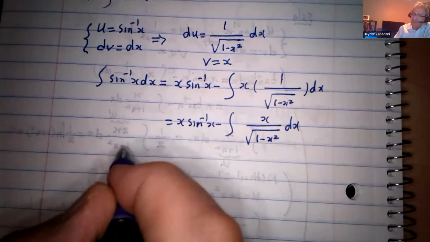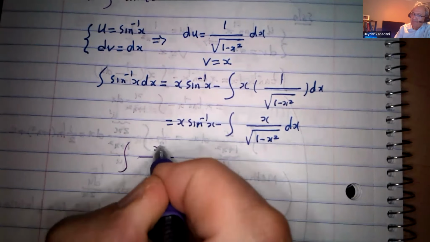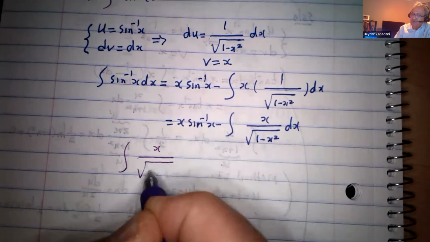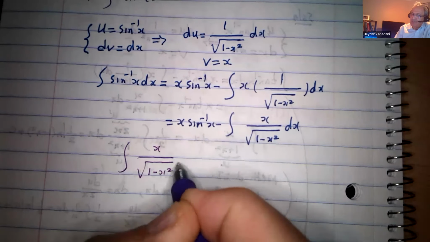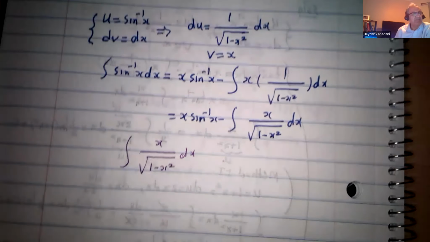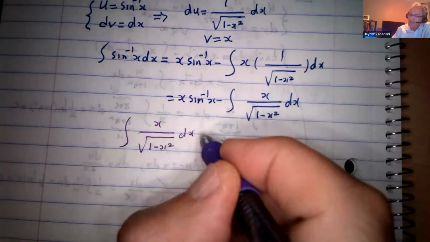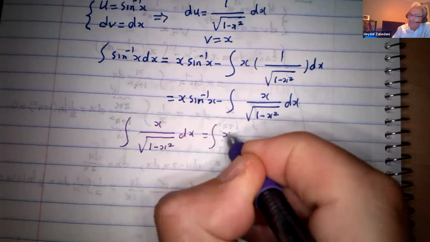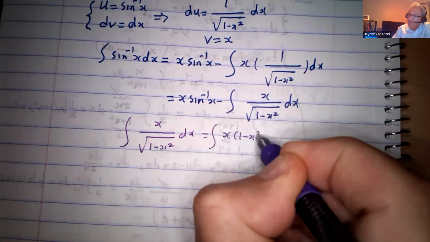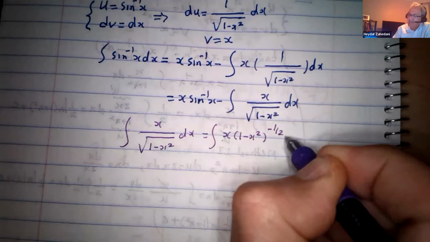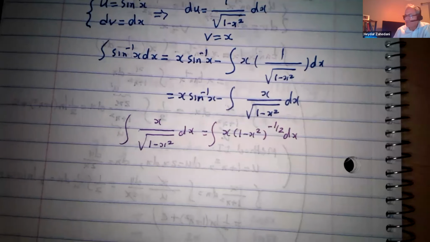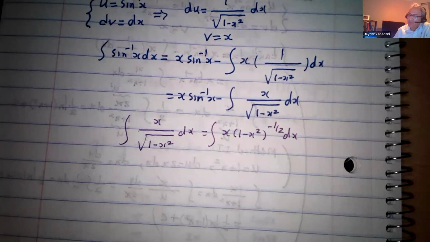You see, you have to find this one. Again, you can use the shortcut or just use substitution. You know that you change the radical, you move it up. It's going to be x times 1 minus x squared to the negative half dx. Now you need a u substitution.